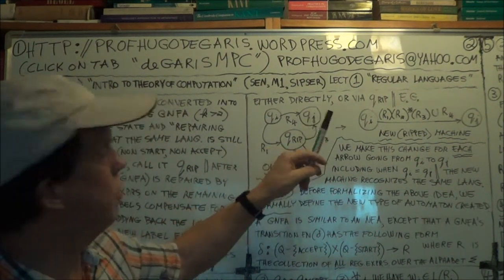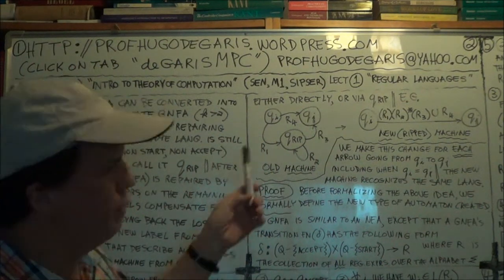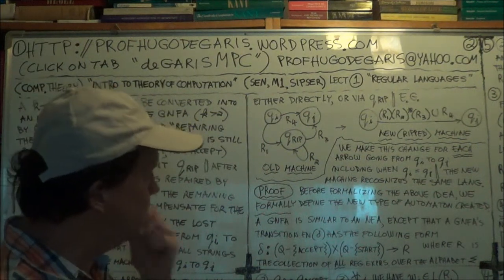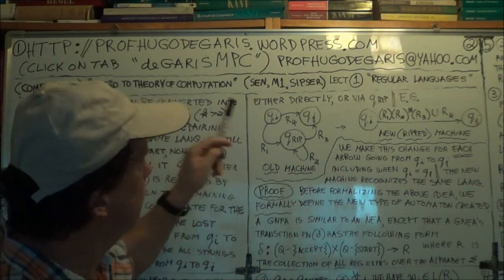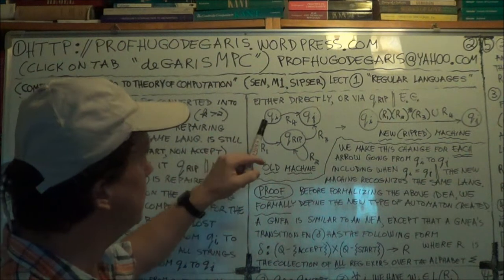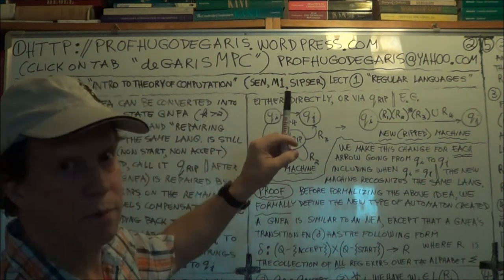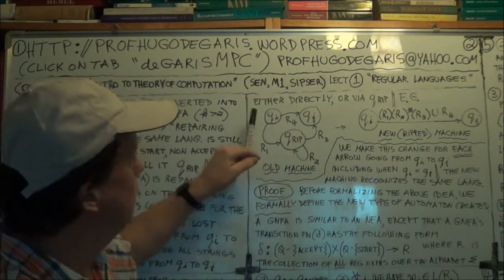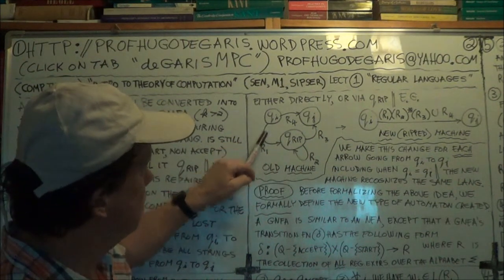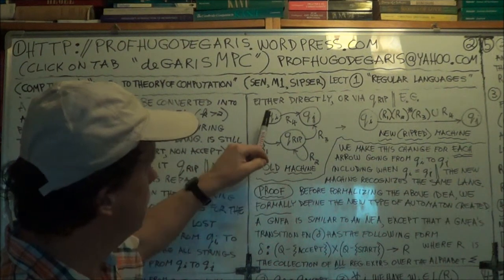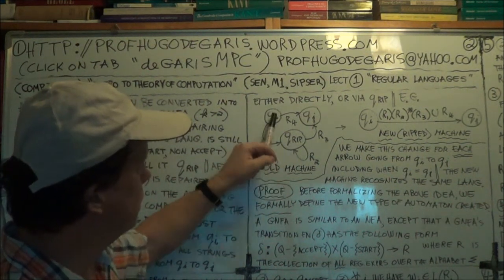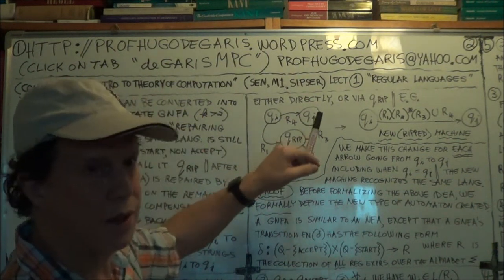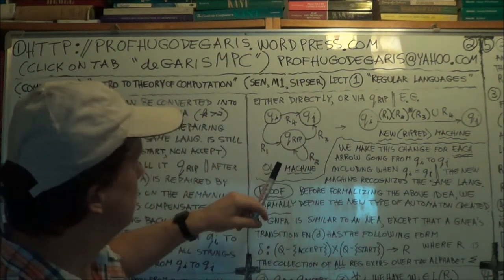They're just two general states. Now remember from the three conditions that we put on the GNFA, each state, except for the start and accept states, but all the other states, has a connection to all the other states, and each of the other states has a connection to it.